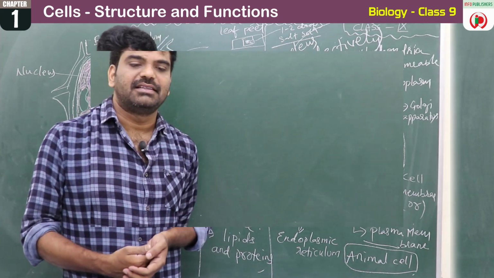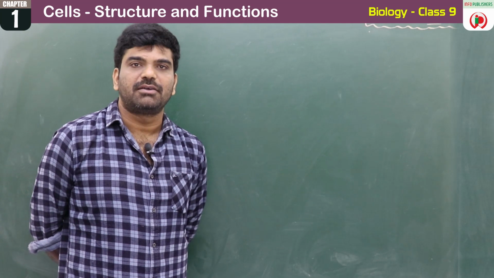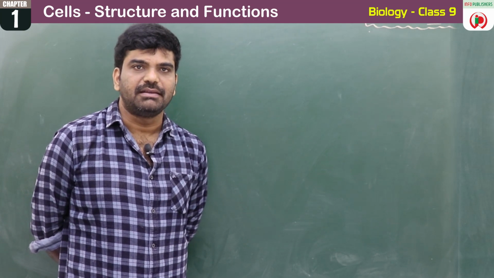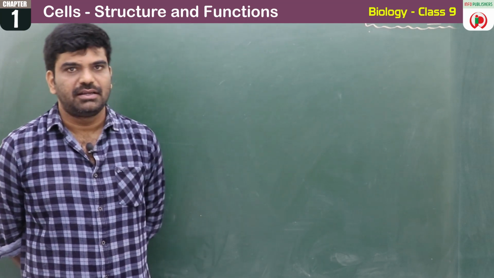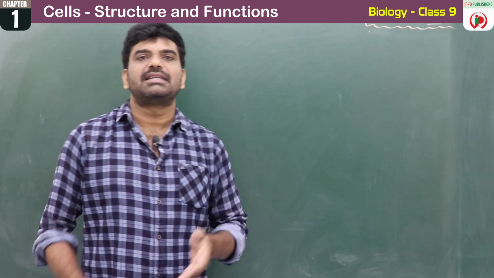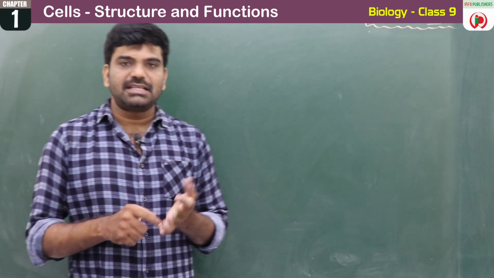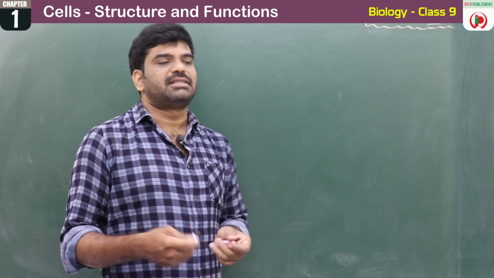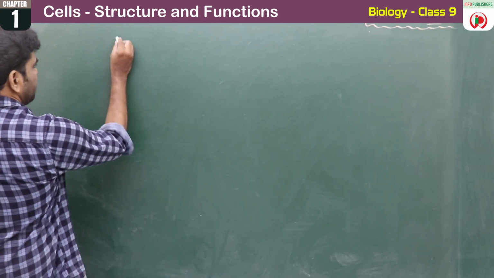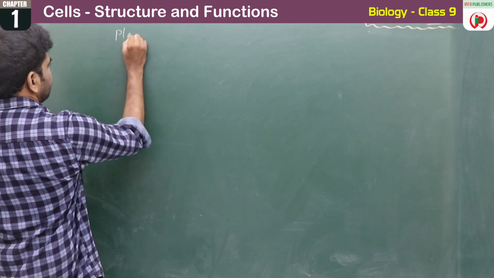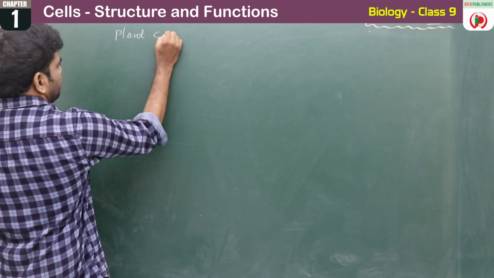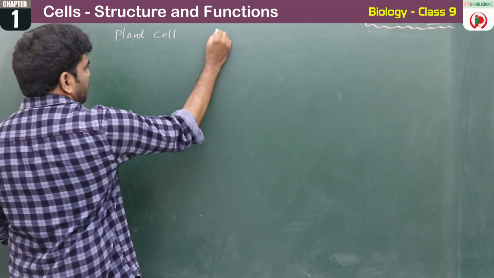In the last class, we learnt about the differences between plant cell and animal cell. So what is the main difference between plant cell and animal cell? In plant cell, cell wall is present. I am writing the differences here: plant cell, next one animal cell.